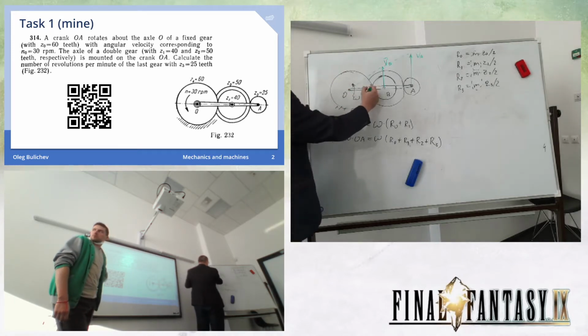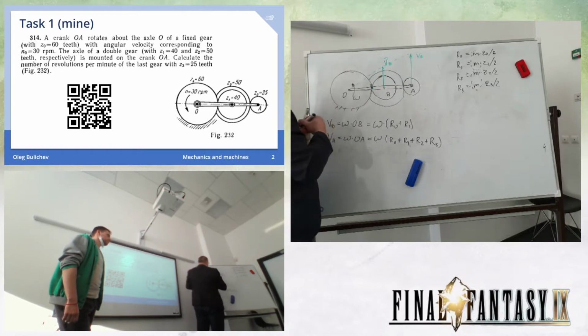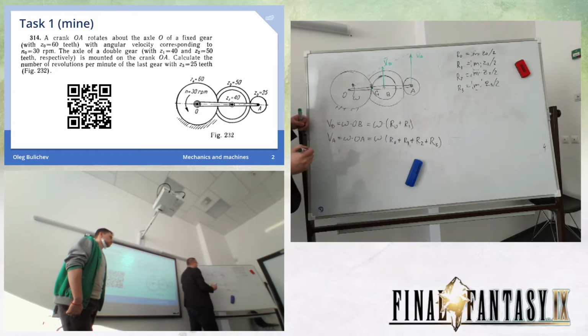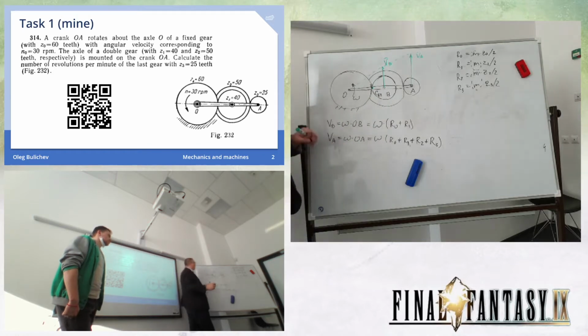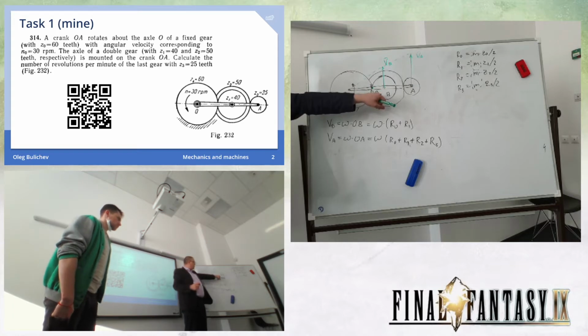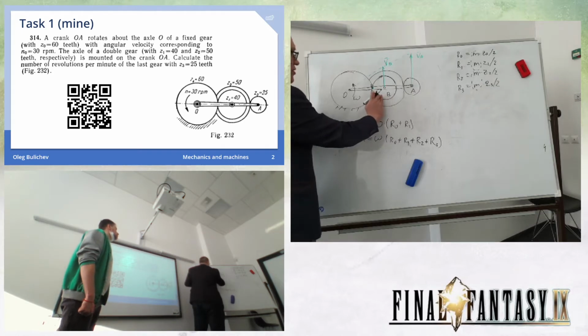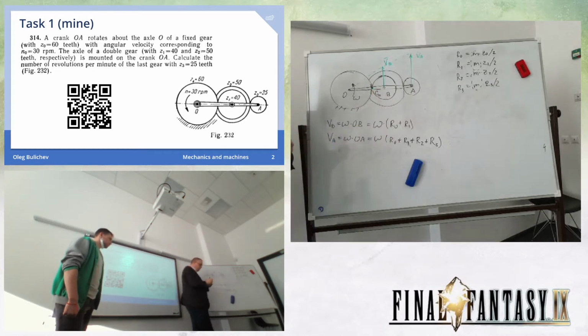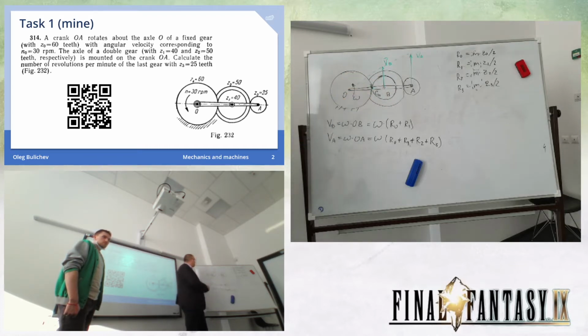That means that this point is the instantaneous center of velocities for the central gear. The central gear has numbers, sorry, 1 and 2. At this point, I will say that this is C12, the instantaneous center of velocities for gear 1, 2.